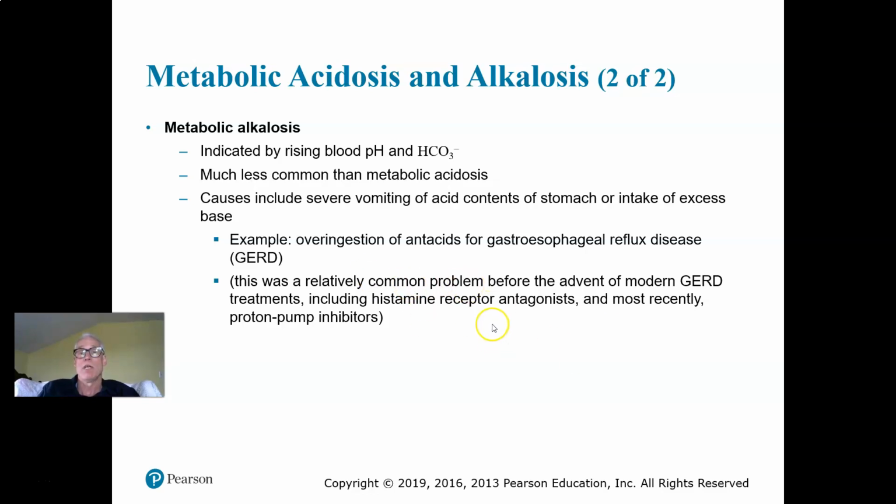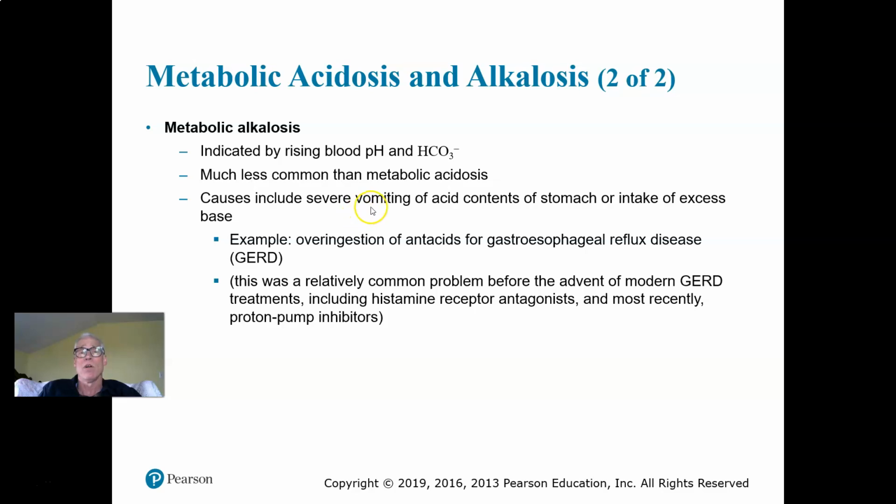That's not so common anymore because we have newer types of drugs for treating GERD, which don't work on that principle. They work by preventing the acidification of the stomach, so that we don't produce as much acid in the stomach, and we'll see that other problems are caused by that.